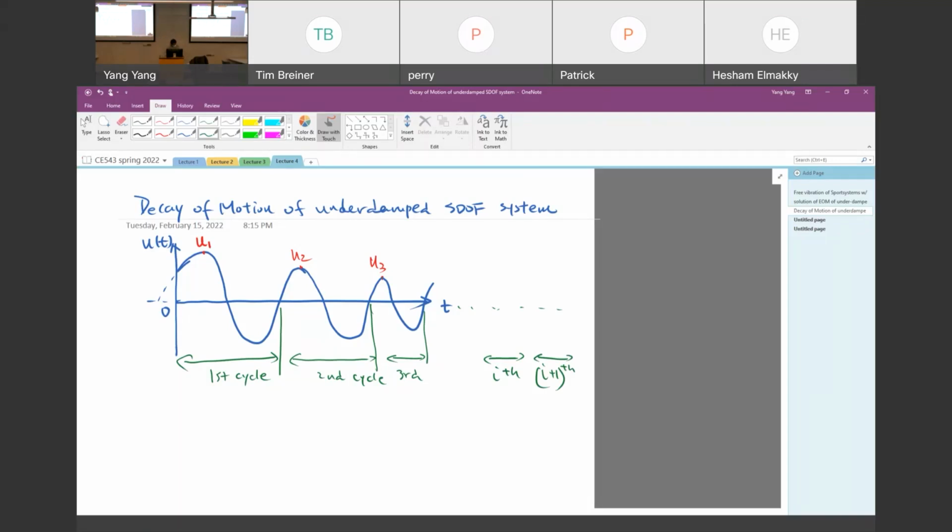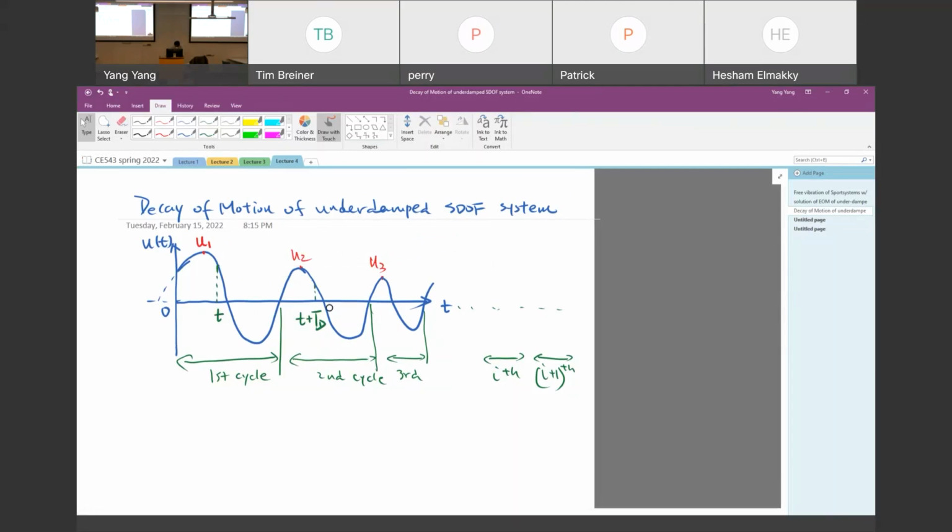So, we are interested in the decay for one cycle. If you look at the displacement at an arbitrary time, for example, we are interested in the displacement at time t and the displacement at time t plus Td. That's the decay of displacement within one cycle.